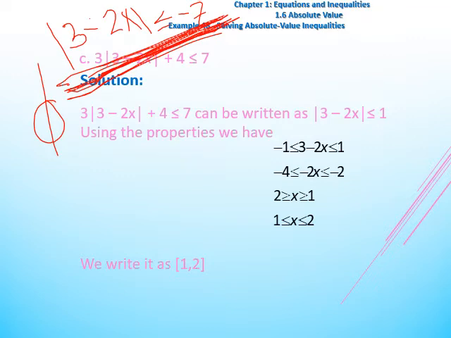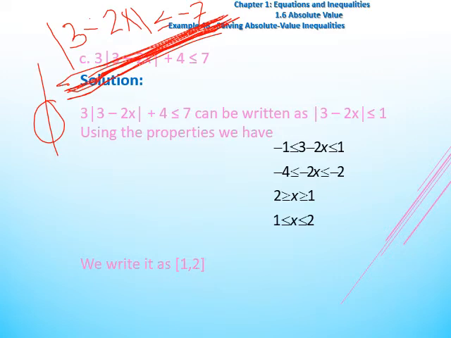Here is one more example for the inequalities: 3 times the absolute value of 3 minus 2x, plus 7, less than or equal to 4. In this step, we should get rid of all the numbers that are added to or multiplied by the absolute value.